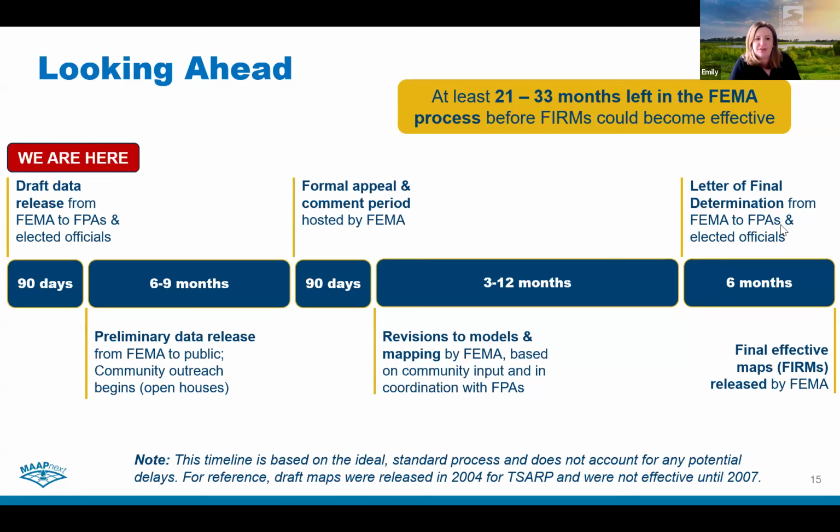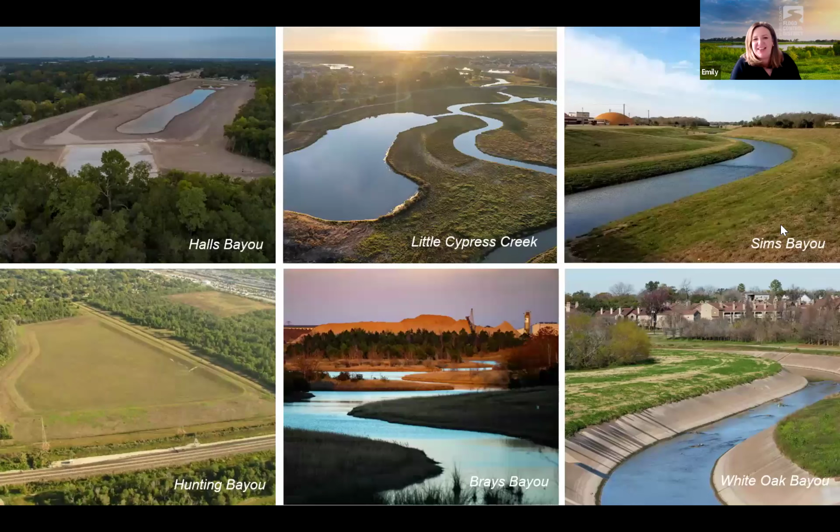So on the next slide, I want to talk about a little bit of good news. There are, as I mentioned, hundreds of flood risk reduction projects that are incorporated into the models themselves. And there has been additional work completed since this analysis cutoff period for data. That includes work across Harris County. And I think one thing that we're really seeing in these maps is that flood risk reduction projects are making a difference.